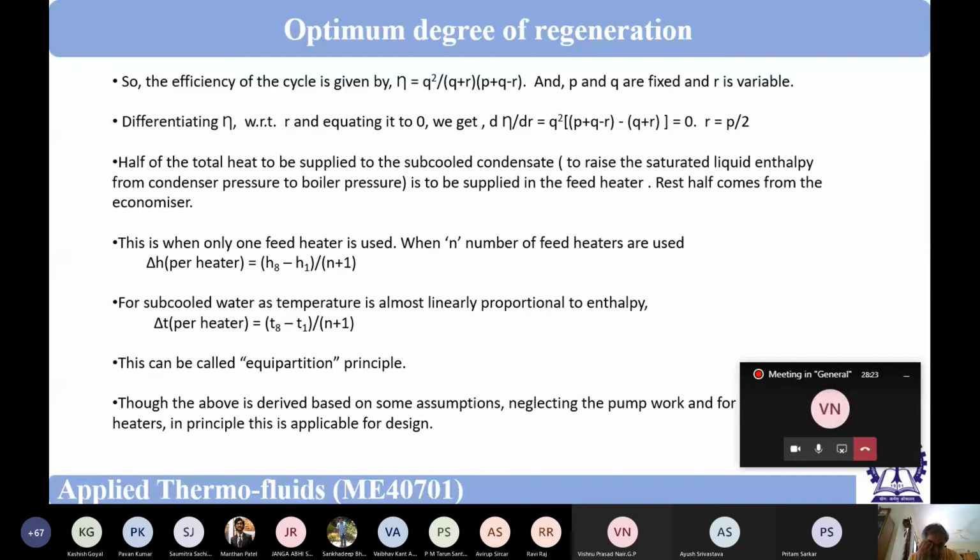You know that when we compress some gas, let's say in the compressor of a gas turbine, to reduce the work, what do we do? We compress it in two stages or multiple stages. After the first stage compression, we intercool, bring its temperature to the initial temperature, which is ideally the atmospheric temperature, and then again we compress it to the high pressure.